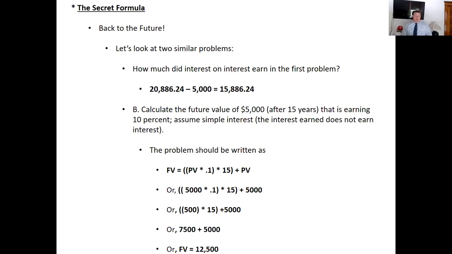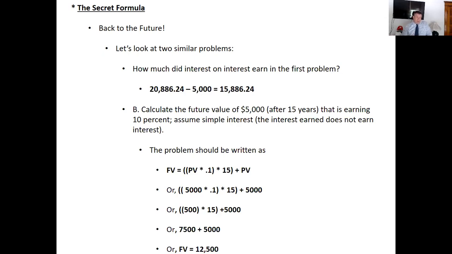Now, think about this for a second. Let's say you want to buy a nice car. That car is going to cost you $20,000. You only have $5,000 today. If you blow that $5,000 on other things that maybe aren't as important to you as having that decent car, well, now you have to pay the whole $20,000 out of pocket.